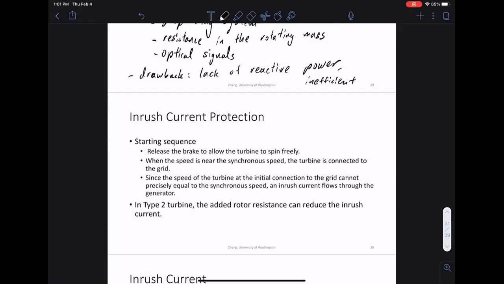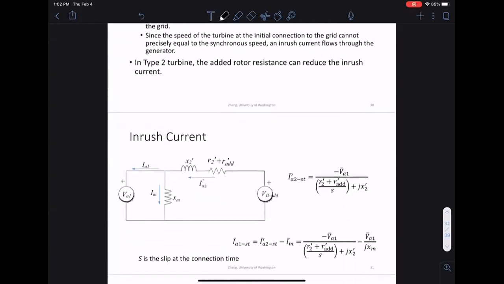Okay? So with type 2 you can have this added resistance, and this added resistance will reduce the current. That's what type 2 allows you to do.